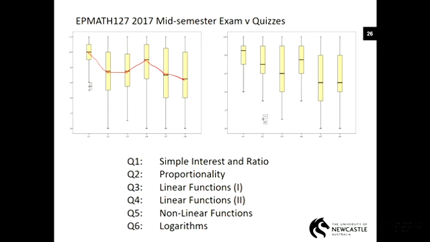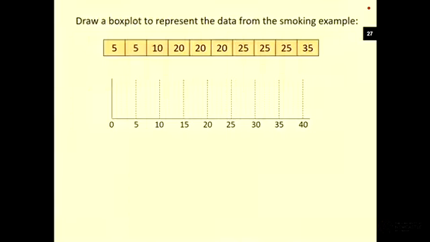In terms of the quizzes when we first hit them, we can see a fairly similar sort of pattern where, for whatever reason, linear functions was liked more than the others around it. So anyway, they're box plots, that's why we use them, and what they're for.